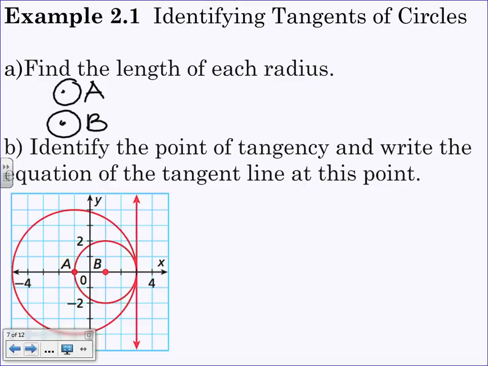Okay, now, when circles lie on a coordinate plane, it's really nice to be able to figure out their radius, because remember, a radius is the same distance from point A no matter which direction I extend it. So in a coordinate plane, if I extend it either vertically or horizontally, all I then have to do is count the number of blocks, and that'll give me my radius.